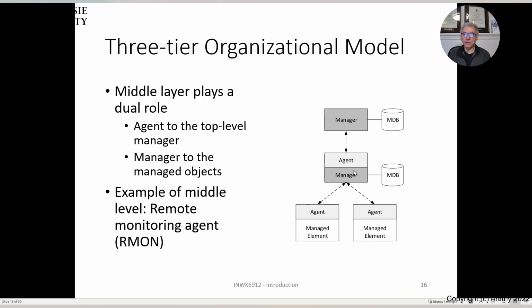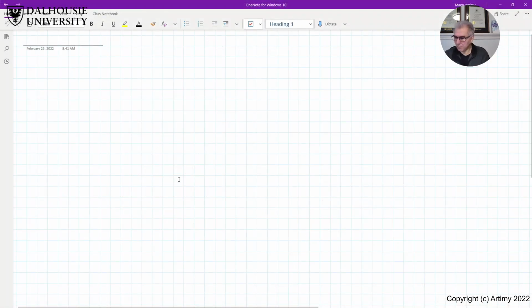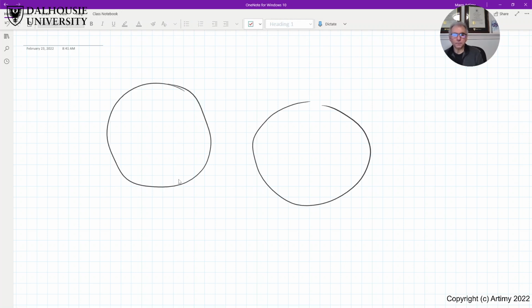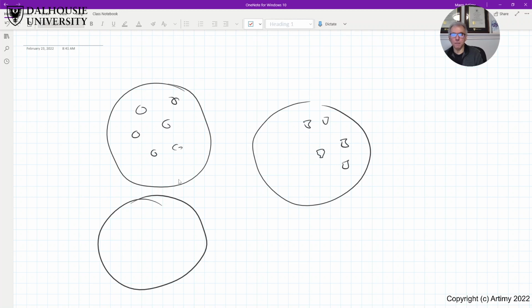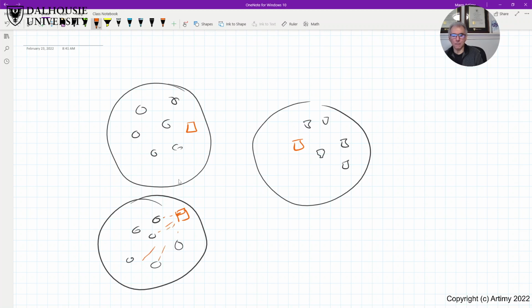So we will have, if I can show you quickly what I mean here. Let's say we have a large network, and that network consists of multiple devices. We can assign a manager to each one of these networks, and that manager will talk to the managed elements.